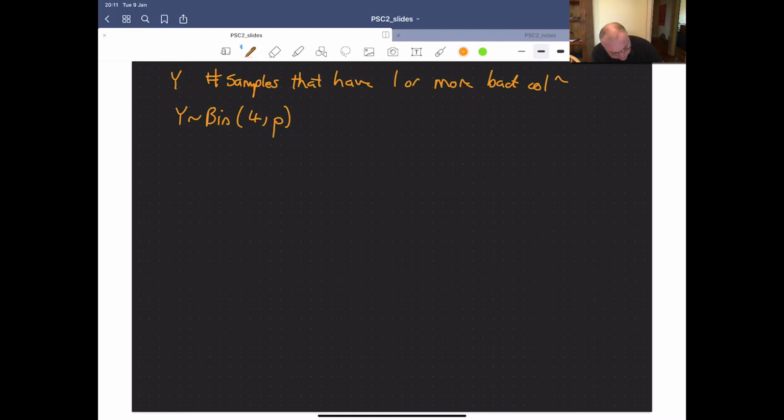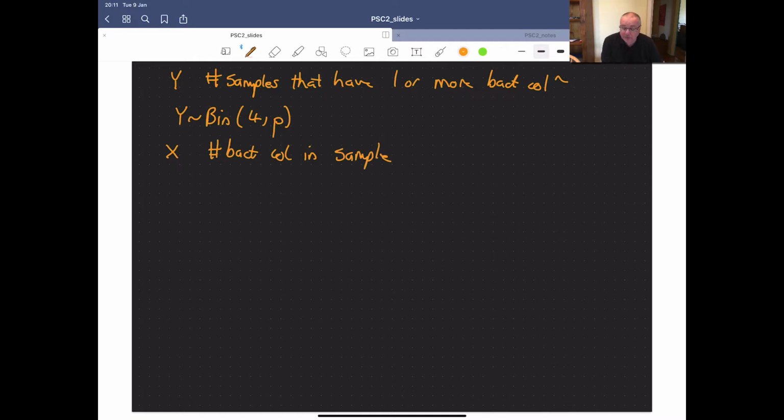So let's have a new random variable called x. And x is going to be the number of bacterial colonies that we get in a sample. And what do we know?